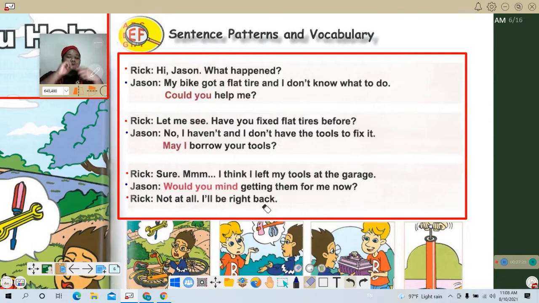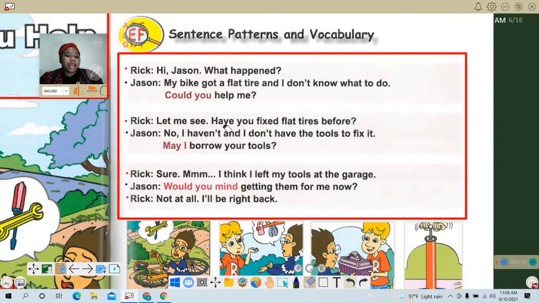Okay, now let's switch. You read Jason and I will read Rick's lines, okay? Ready? Hi, Jason. What happened? My bike got a flat tire and I don't know what to do. Could you help me?